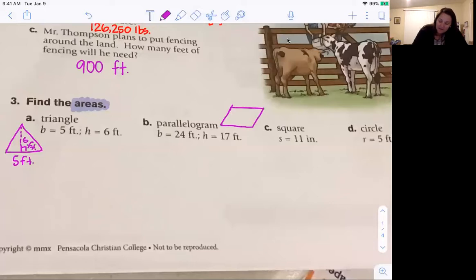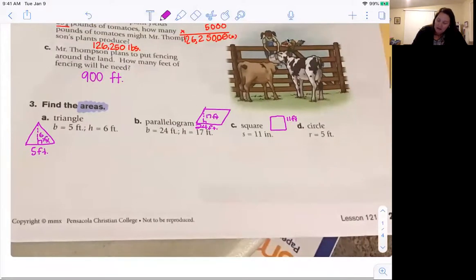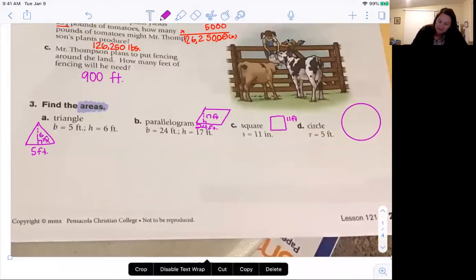Okay, and my base is 24 feet and my height is 17 feet. Letter C, I have a square and my side is 11 feet. And letter D, I have a circle and my radius is 5 feet.